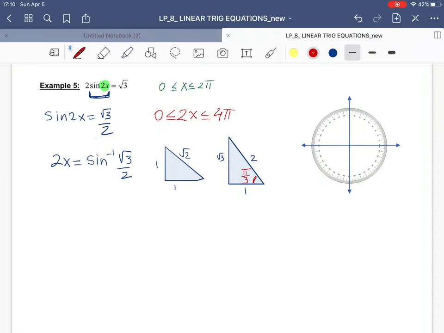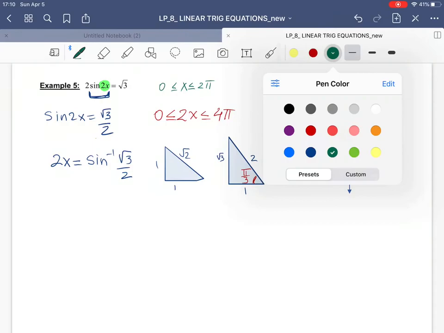I'm going to start with my first answer. My starting angle would be pi over 3 or 60. Okay, so the next angle with the same sine ratio will be this angle here. So these are the two terminal arms I am going to need for now.